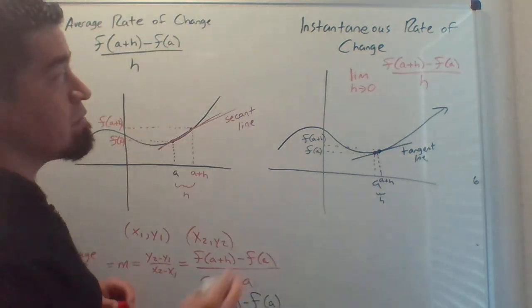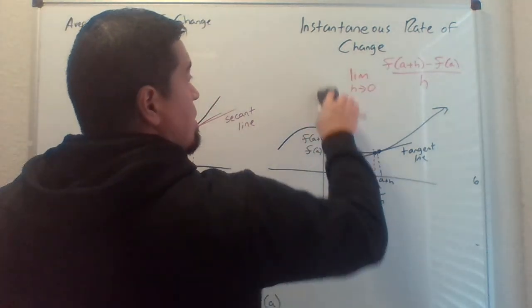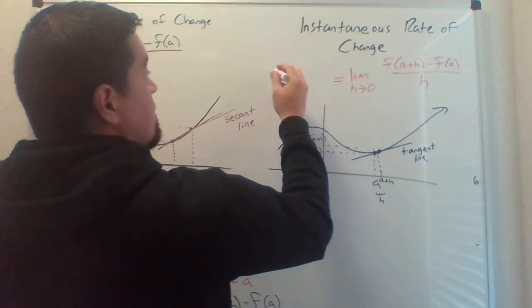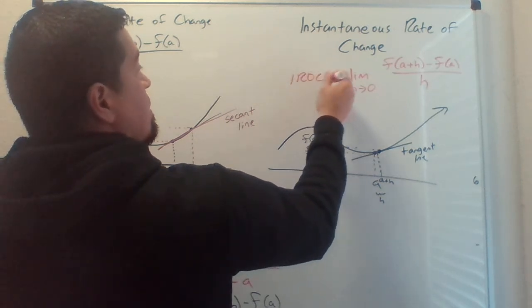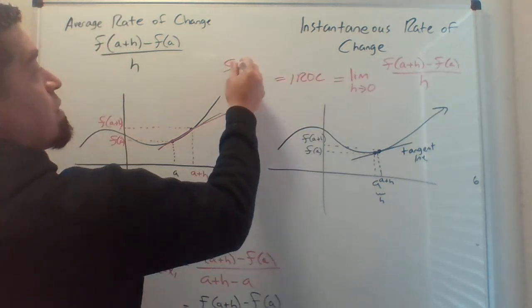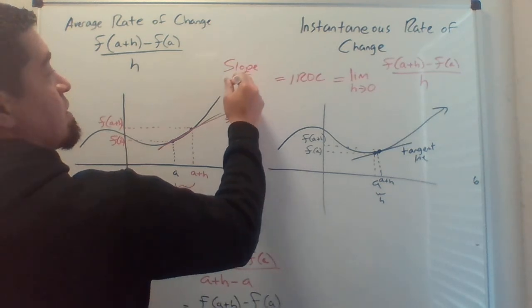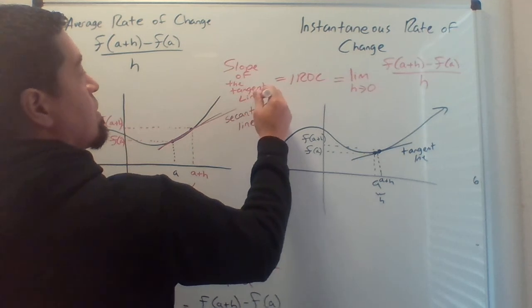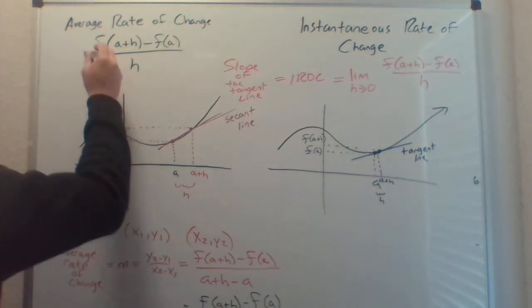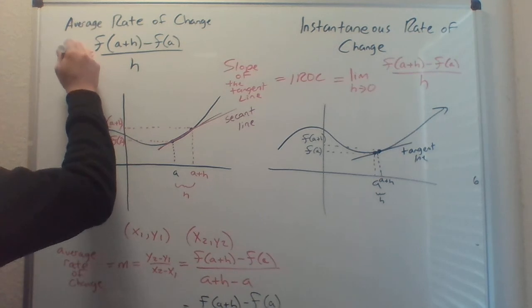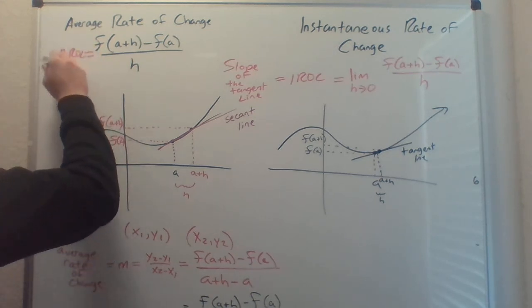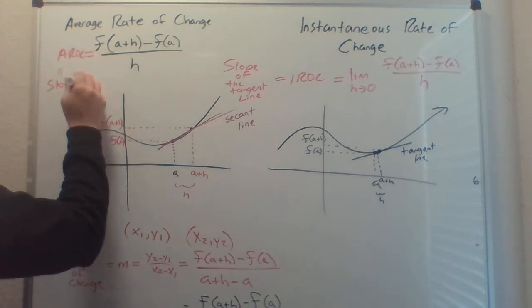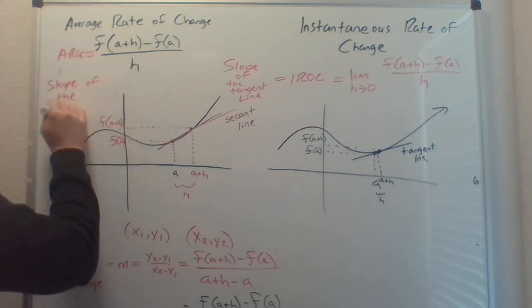And that's the formula for what we call the slope, or the instantaneous rate of change, also called IROC. And then this is also called the slope of the tangent line. And then this would be AROC, and we could also call this the slope of the secant line.